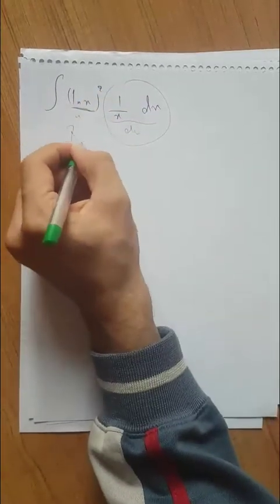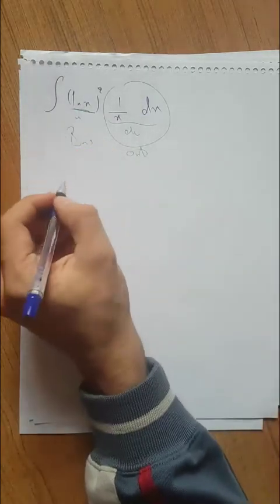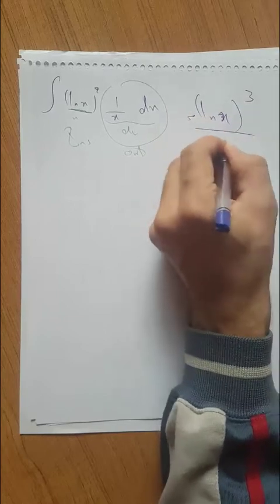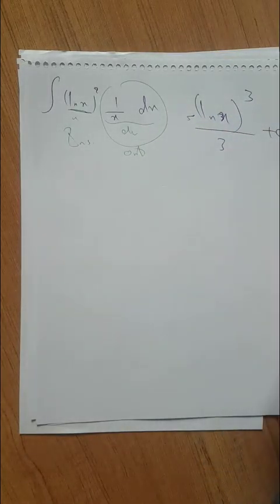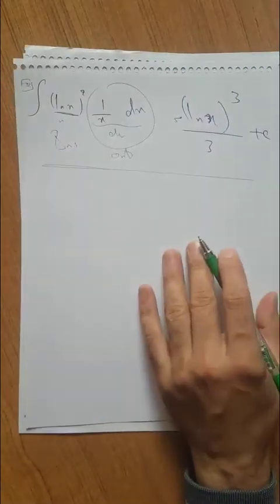So inside, outside. That's why we will say it is equal to ln of x to power 3 over 3 plus c. Okay dear, that's why something happens here. Maybe it's strange for you, but this extra example will help you for understanding.